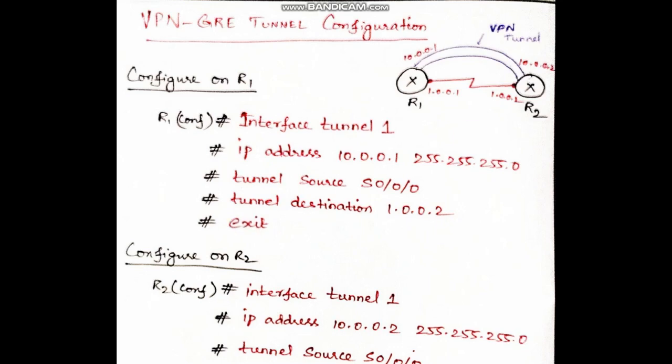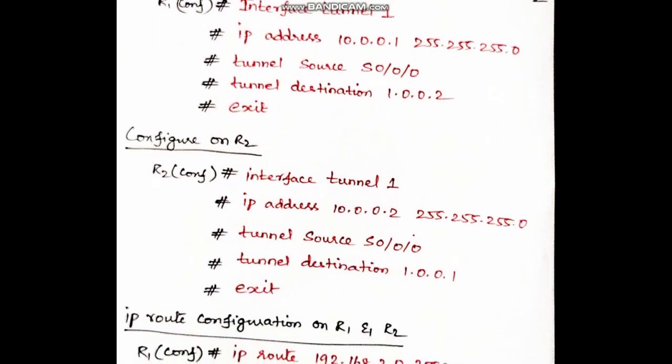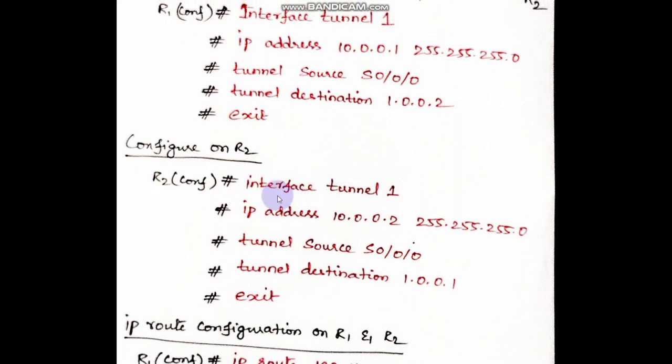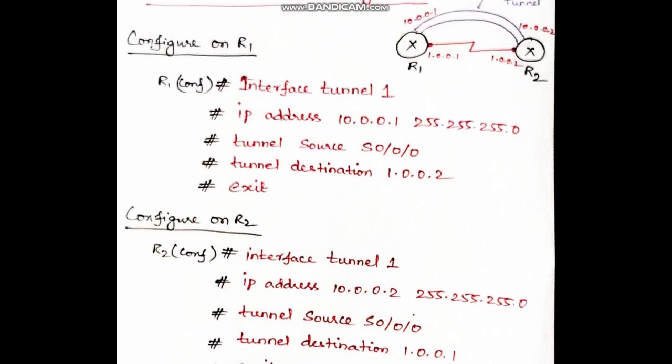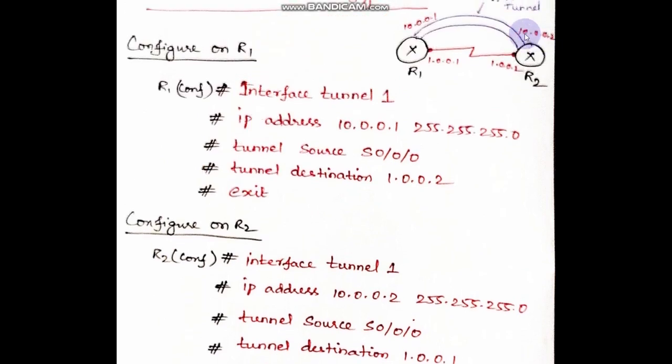Now I am going to do the same thing on R2. Configure on R2 interface tunnel 1, the same tunnel number on both sides. For the IP address, see this figure: the tunnel IP I am going to give is 10.0.0.2, so IP address 10.0.0.2 with subnet mask 255.255.255.0. Again I have to give the actual tunnel source and tunnel destination.